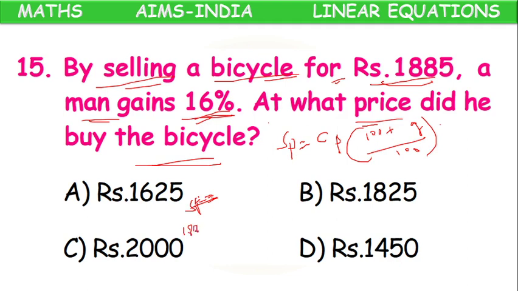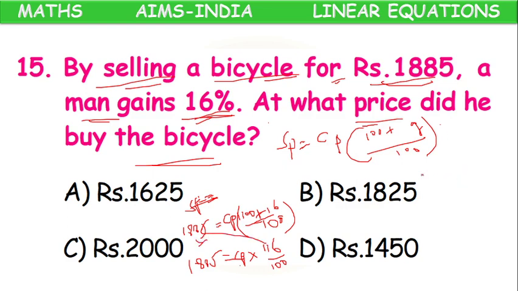So 1885 equals cost price, which we have to find, CP, into 100 plus gain percentage, how much? 16 by 100. 100 plus 16, 116 by 100. If you want to find CP, this has to come to this side.